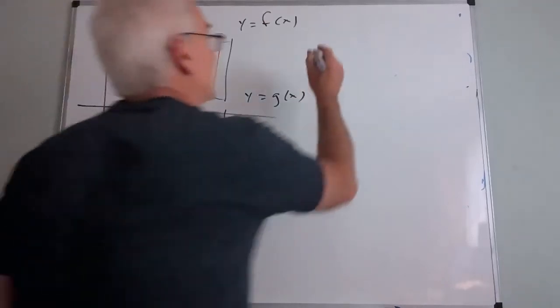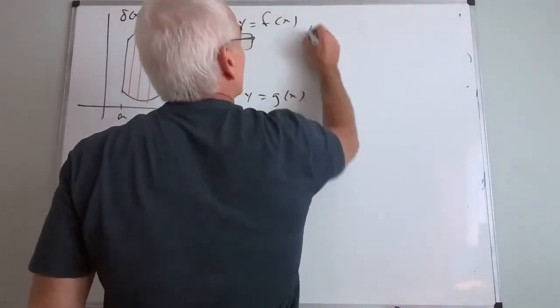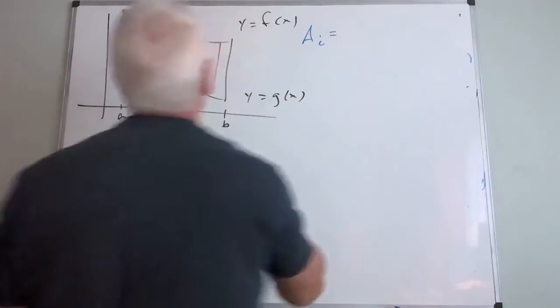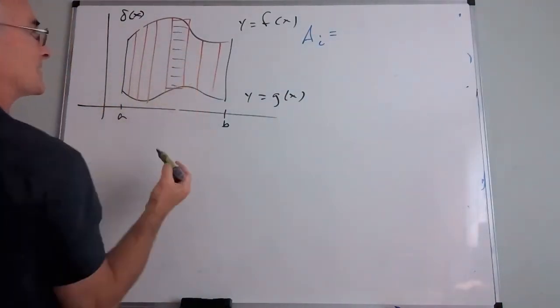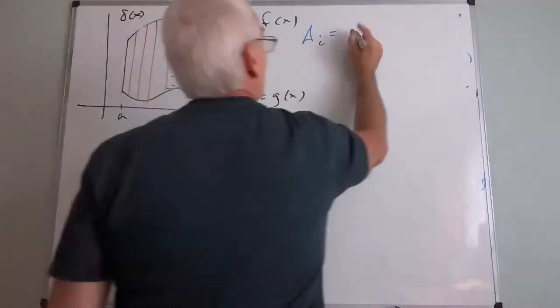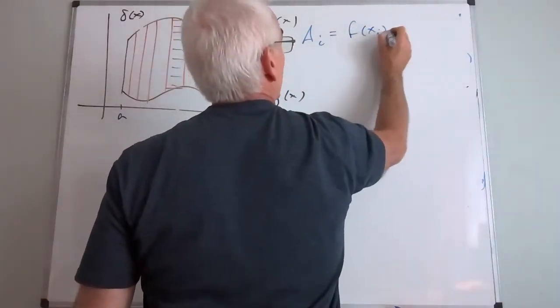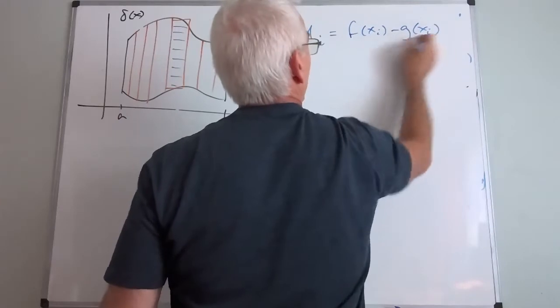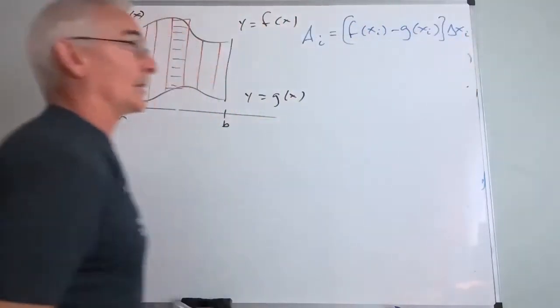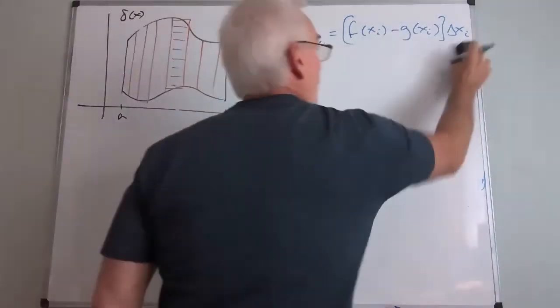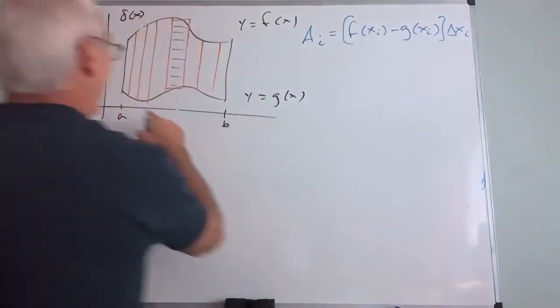If I know the ith area, think Calc 1, let's say that's the ith rectangle. That would be f of xi minus g of xi times delta xi. That's the ith area.